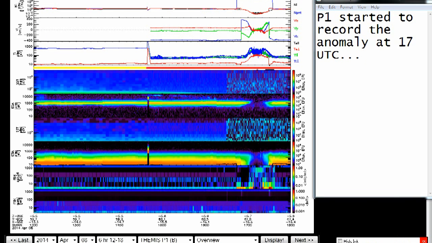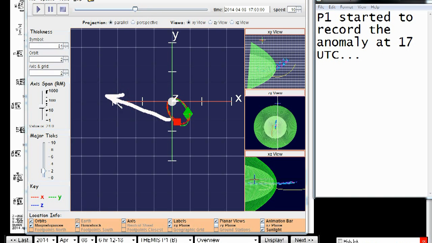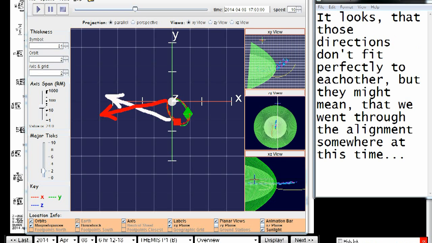P1 started to record the anomaly at 17 UTC. It looks like those directions don't fit perfectly to each other, but they might mean that we went through the alignment somewhere around this time.